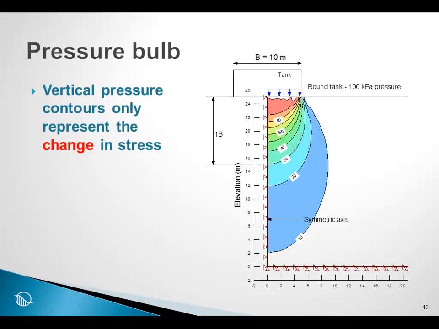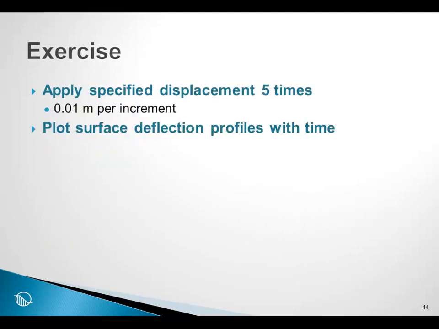So returning back to our diagram here, this is a pressure bulb, and the pressure bulb only represents the change in stress. It is not the actual stress in the ground. To illustrate further the incremental formulation, we are going to apply a specified displacement 5 times.